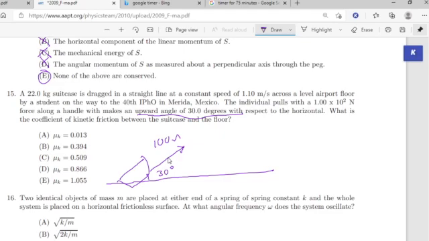Okay, and since it's at a constant speed, we know that the friction has to cancel out the horizontal component of this 100 newton force.